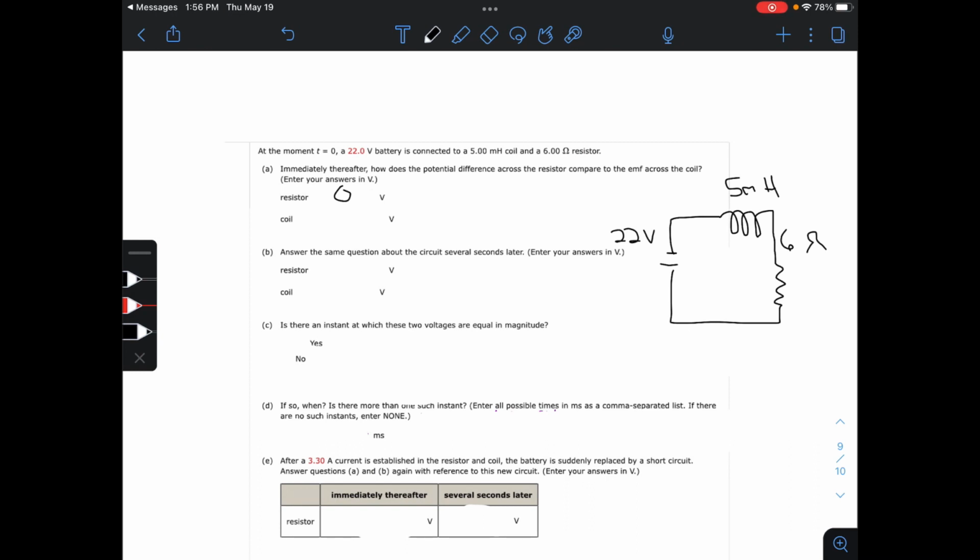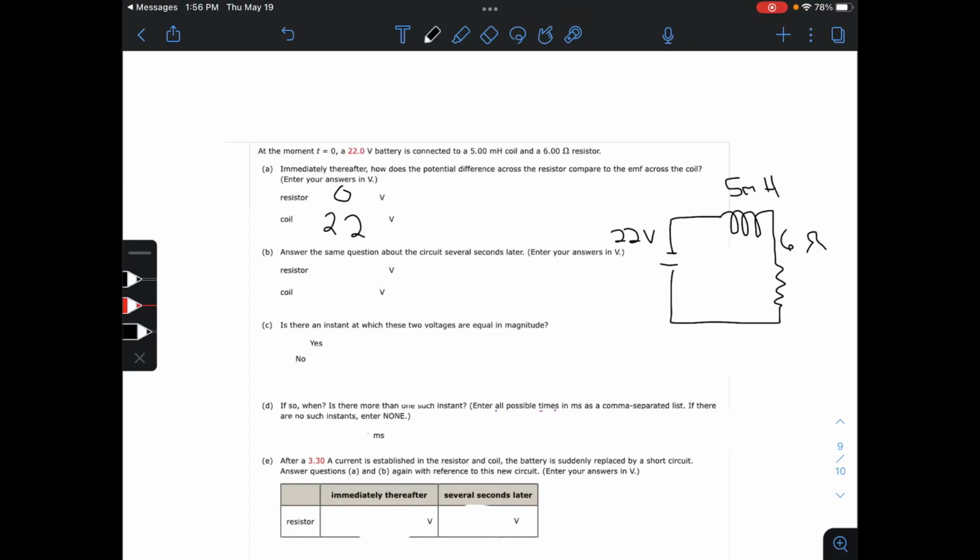Does that make sense? There's still voltage going through it, it just doesn't want it to. Okay, so hopefully that makes sense. All the voltage will be within the inductor because the resisting of change won't be in the resistor.